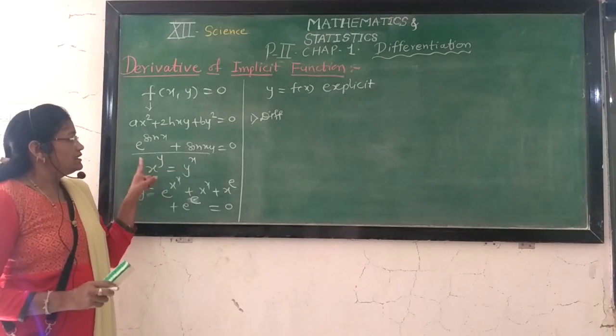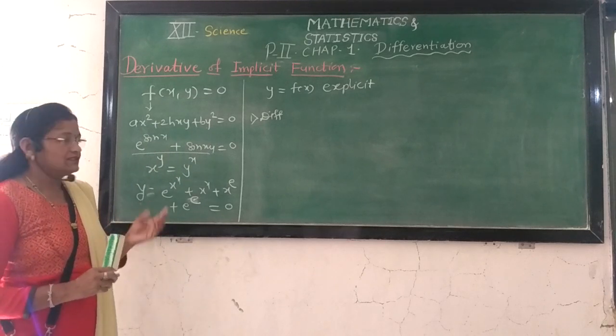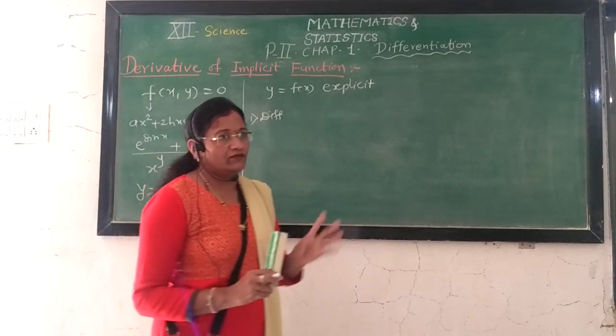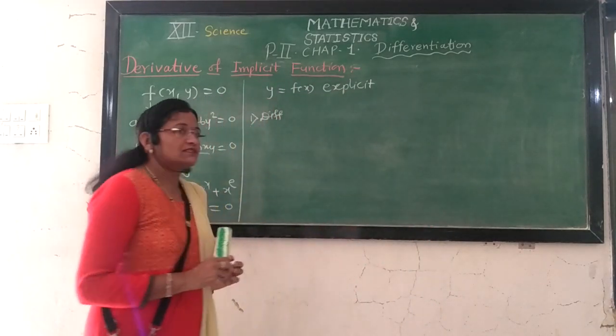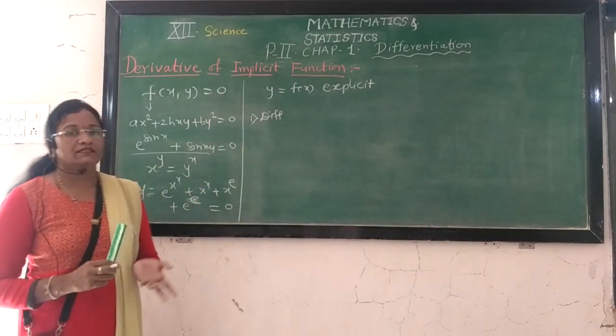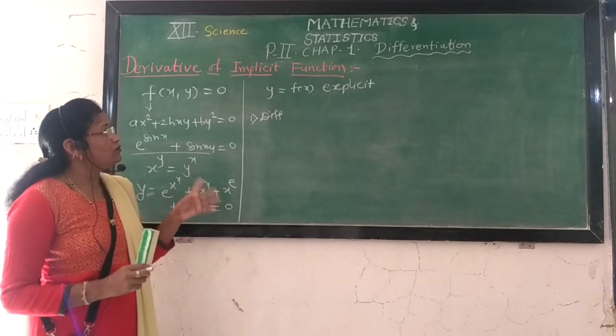But remember that if the given function contains y only once, then you get only one term of dy by dx. But if it contains more than one, meaning 2 or 3 terms of y, then we get dy by dx 2 or 3 times.